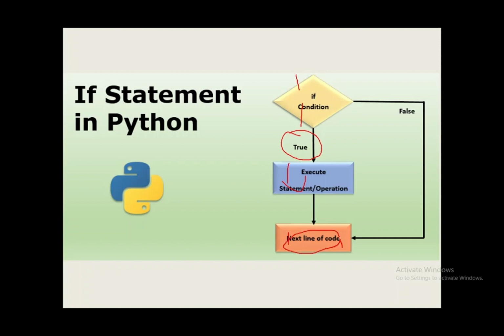But what if the condition is not true? If the condition is false, then it will also jump to the next block of code outside the if statement. Basically, the expression is checked. If the expression is true, the body of the if statement is executed. But if it is false, the statement after the if statement, that is the next line of code, will be evaluated by default.